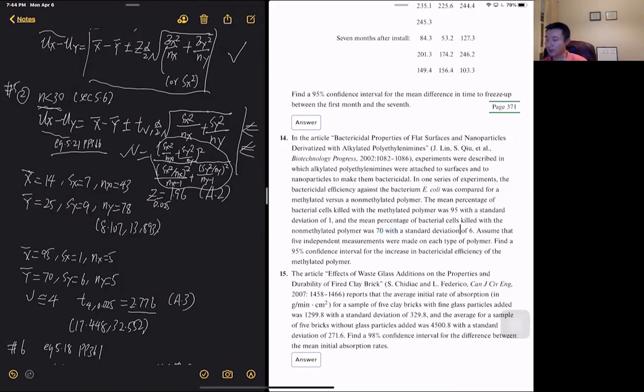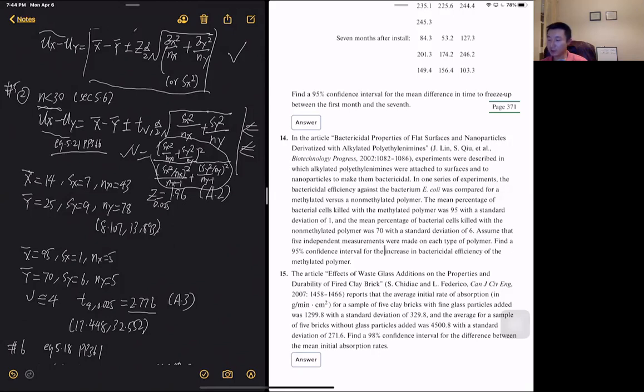Assume we have 5 independent measurements made on each type of polymer. The question asks for the 95% confidence interval for the increase in bactericidal efficiency of the methylated polymer.